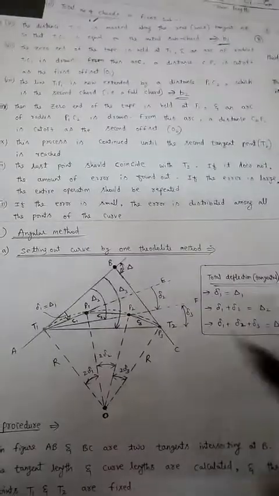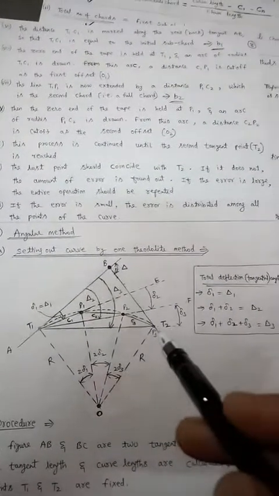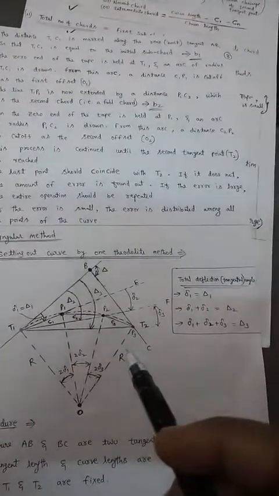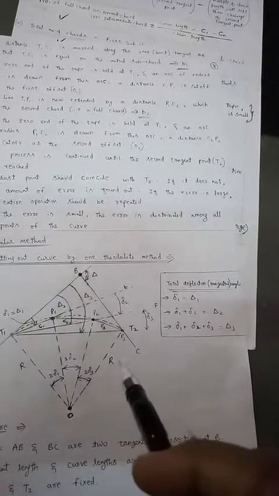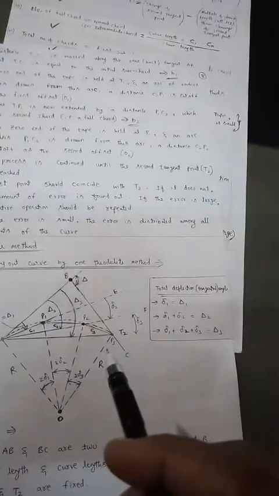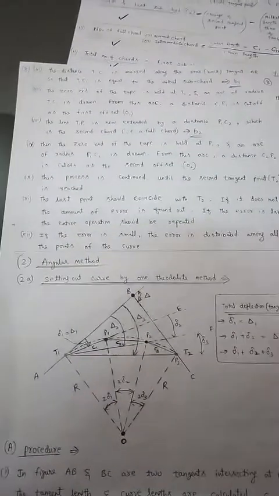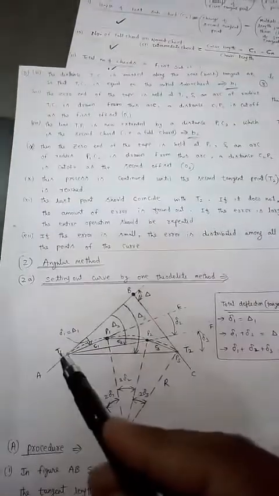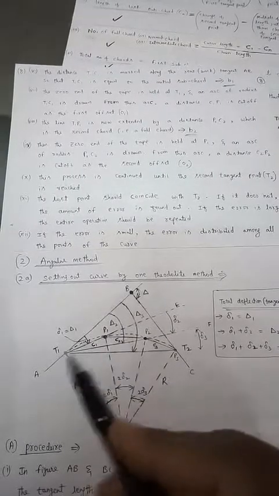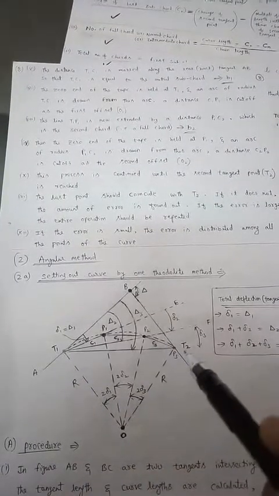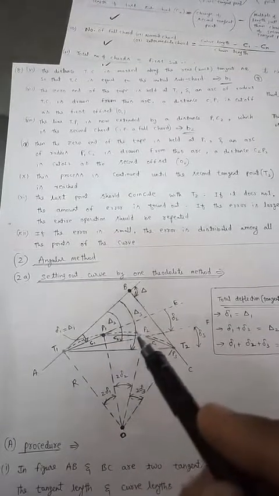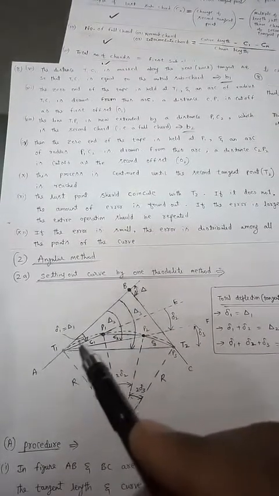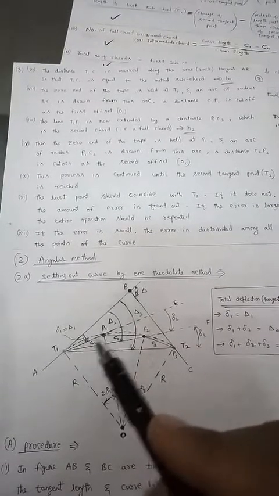Otherwise, if it does not coincide at T2, the error is large and the operation is repeated. If the error is small, the error is distributed among all the points of the curve. Finally, T1, P1, P2, T2 are joined with the help of rope or thread. We will get one smooth simple curve here.